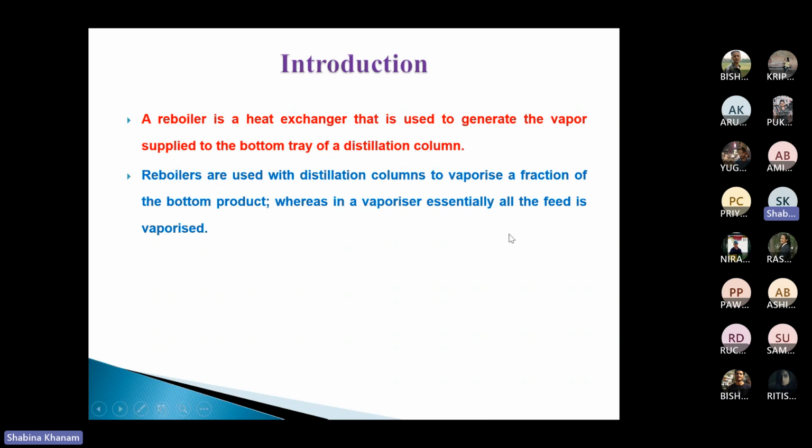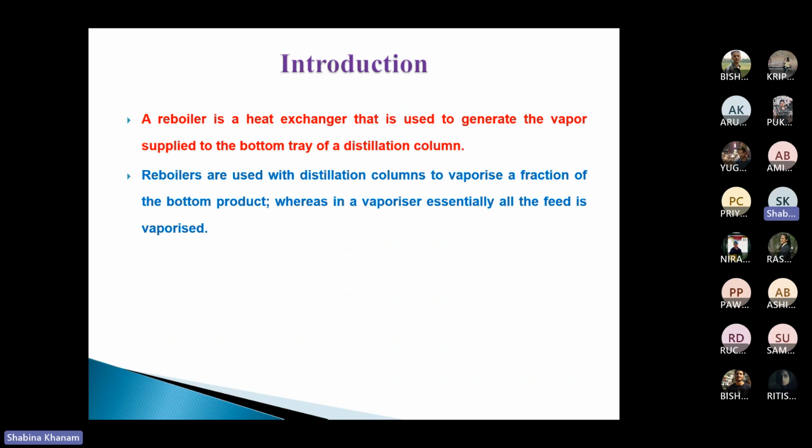However, when we consider a vaporizer, the feed is first completely converted into vapor, and whatever vapor is generated passes through the required location or equipment. That is the only difference. In a vaporizer, the feed enters once, then vapor formation occurs, and that vapor is transferred.